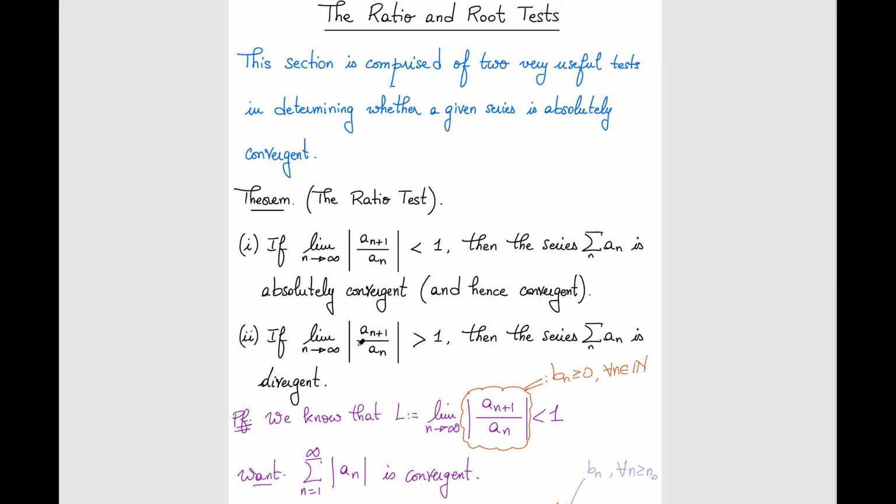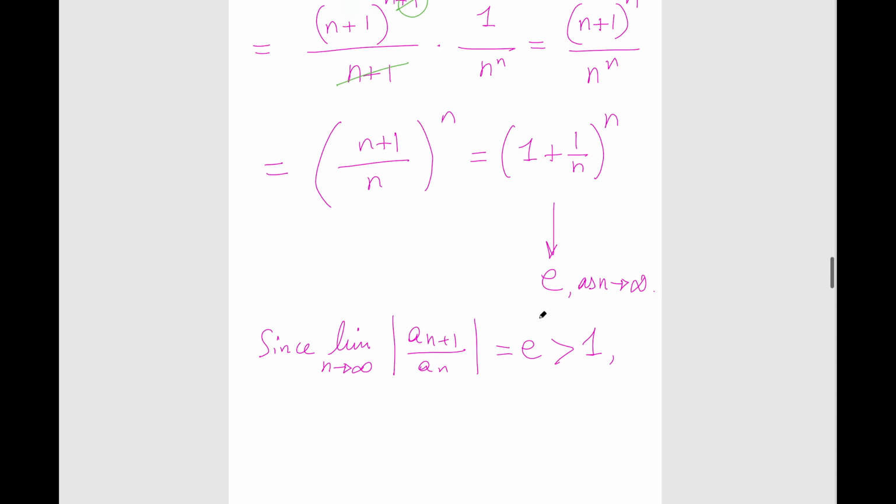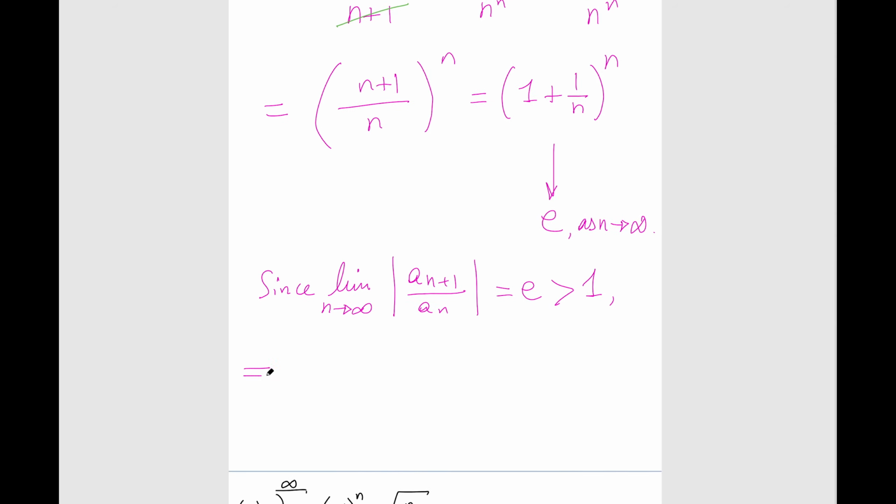If the limit of this ratio is bigger than 1, then this is going to be a divergent series, correct? Okay, so we go back to our page. So this is going to be a divergent series. The series diverges.